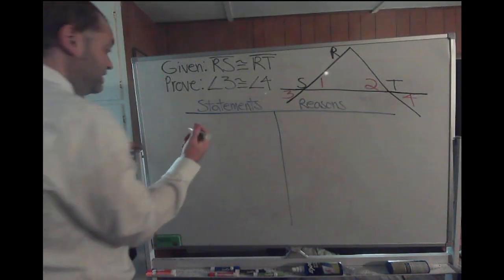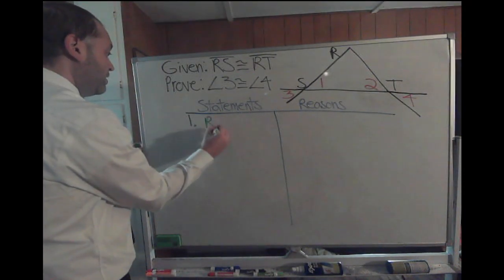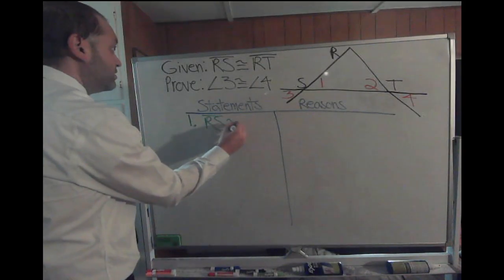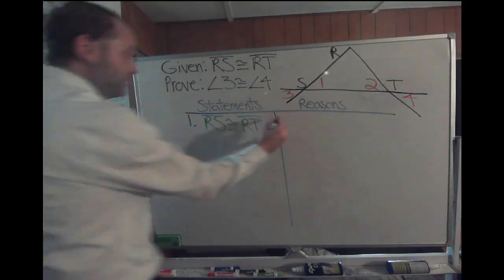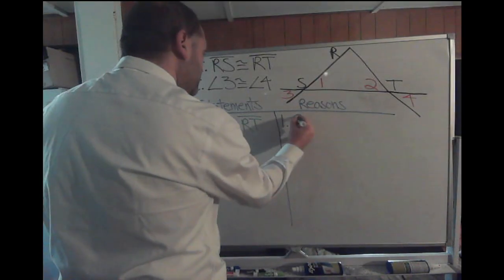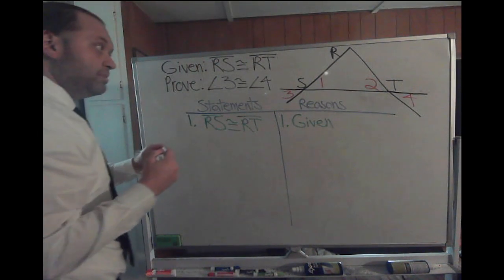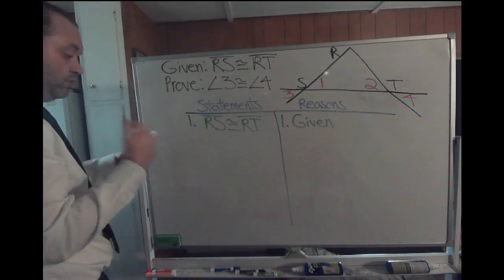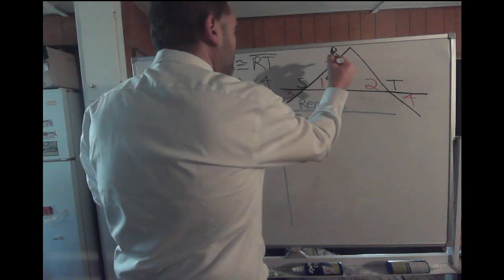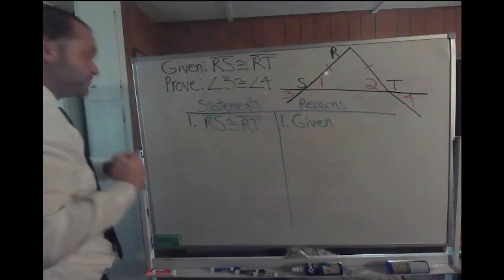So let's start with the given information. We'll start with the fact that RS is congruent to side RT. The reason for that, of course, it was given. And if it helps you, you can mark up this diagram. If we've established that two sides are congruent, feel free to mark them congruent, which I'm going to do now. That tends to help me.